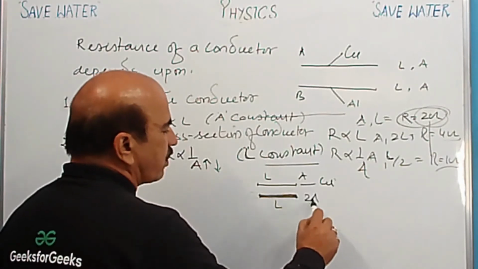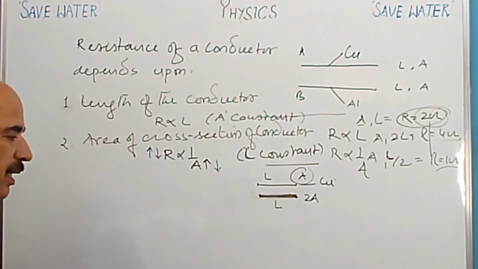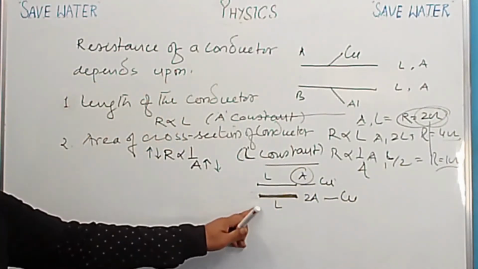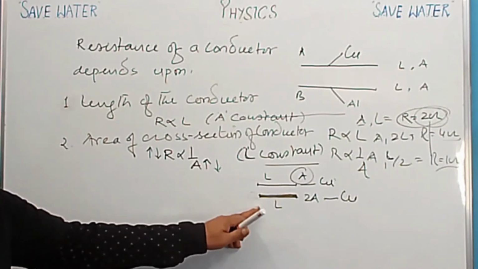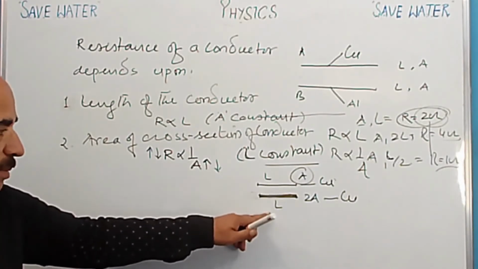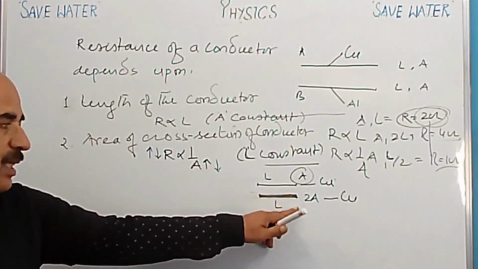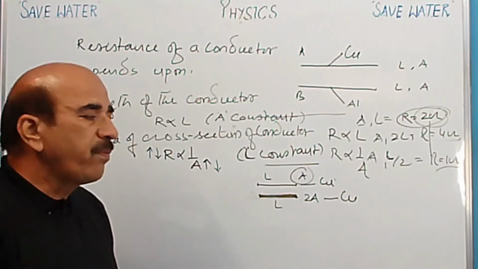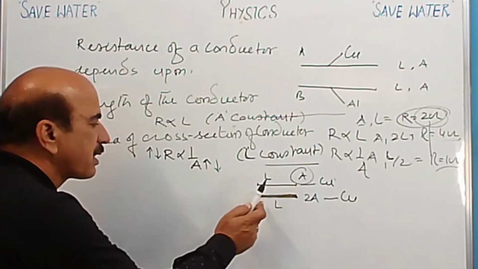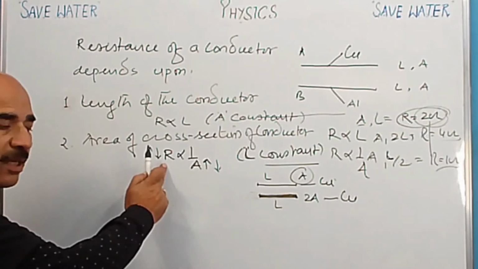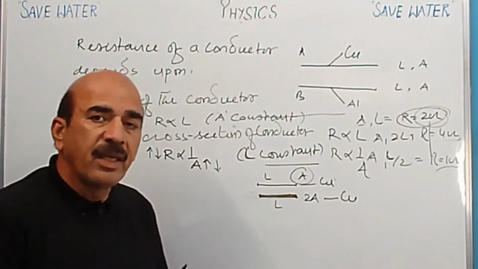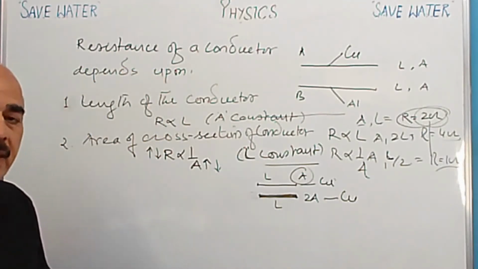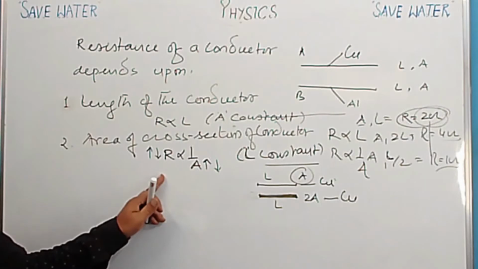It is twice of this cross section area. So now what do we find? Though it is also made of copper, the resistance is different here. The length is kept same, area of cross section is changed, then resistance is also changed. So if area of cross section is double, the resistance becomes half. If area of cross section is doubled, keeping the length same, then resistance is half. Remember this point.